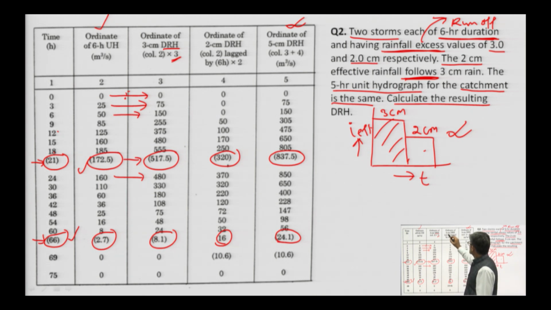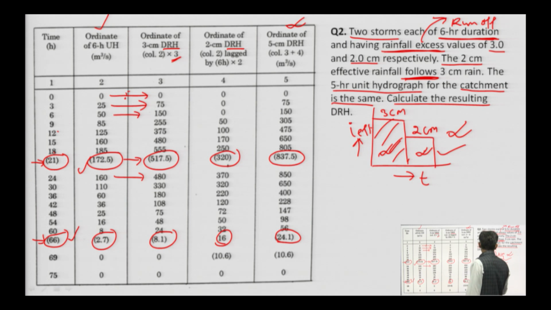Now, the ordinate of 2 centimeter DRH. We have calculated the DRH for this one stump, and now we need to calculate the ordinate of DRH for the next stump.